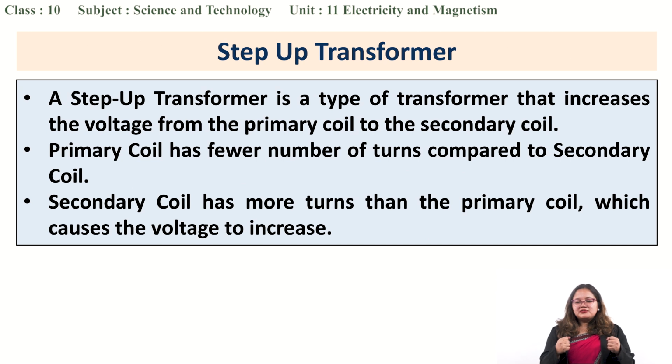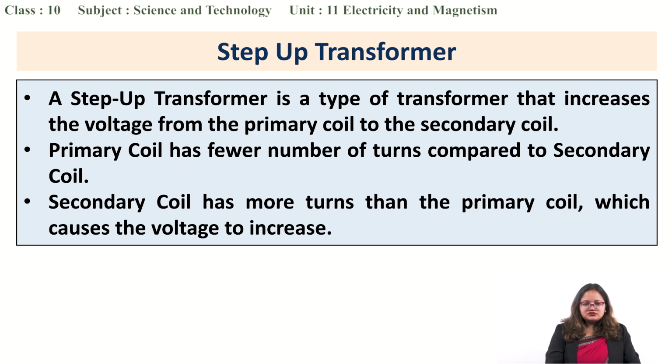So the primary coil has very few turns in comparison to the secondary coil. Step-up transformer is used to increase the output voltage, and since the output voltage is directly related to the number of turns, if the output voltage is more, then obviously the number of turns in the secondary coil is also more, and there are fewer turns in the primary coil.